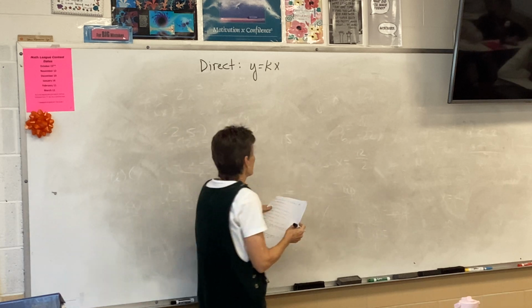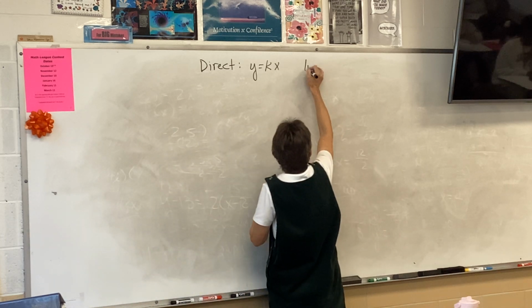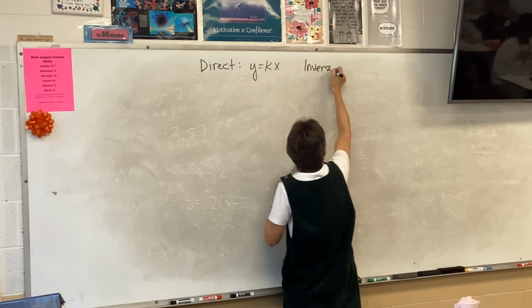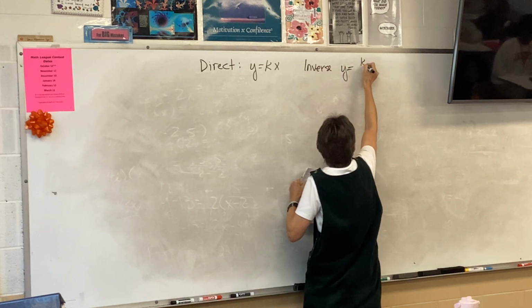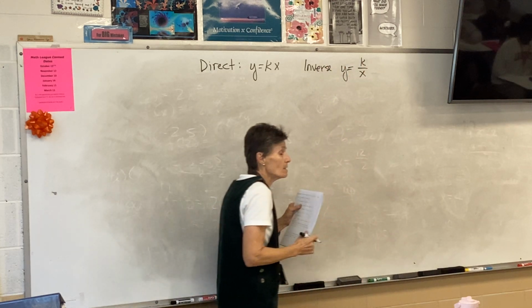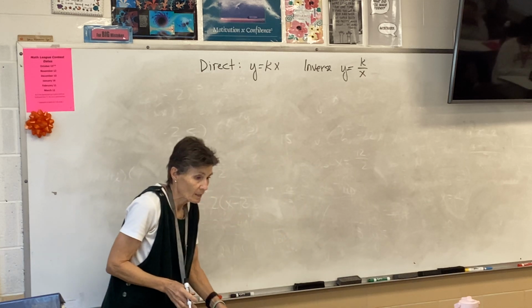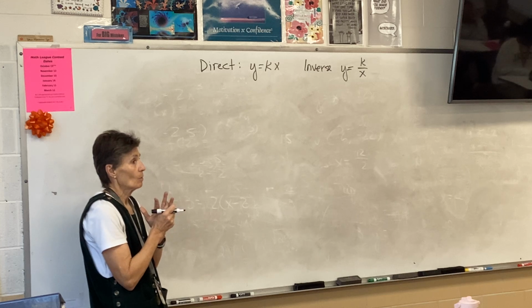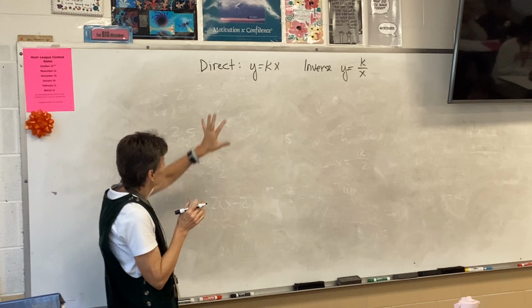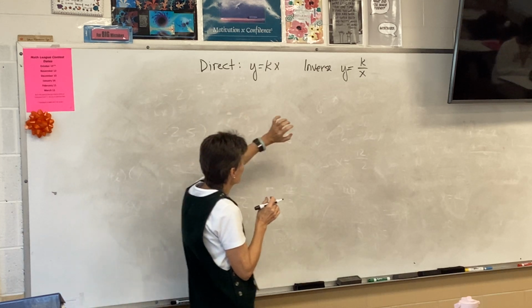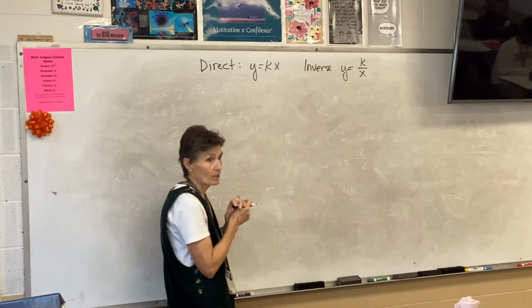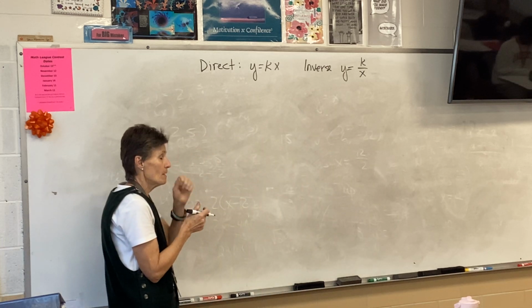If it is inverse variation, it's y equals k over x. Those are the two formats that we need when we do direct variation and inverse variation.